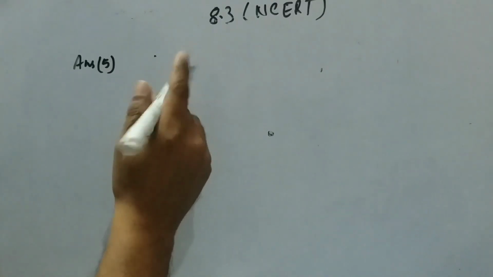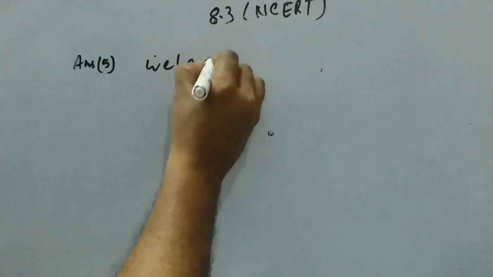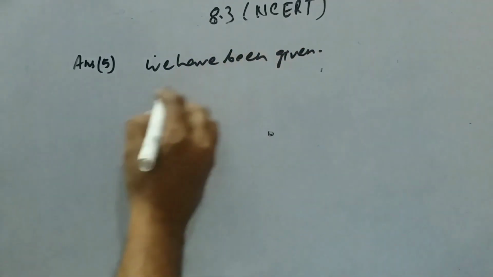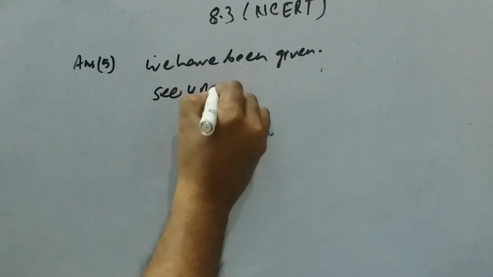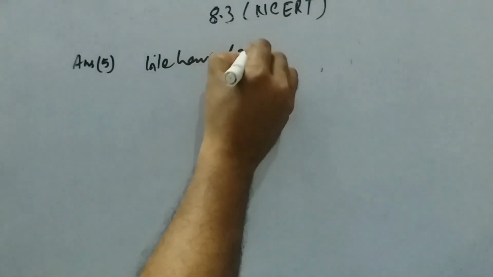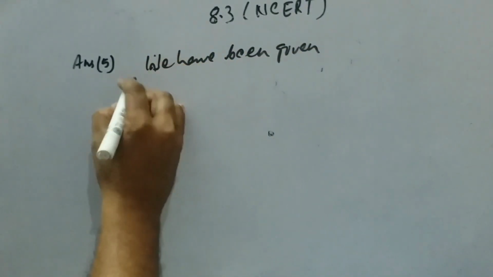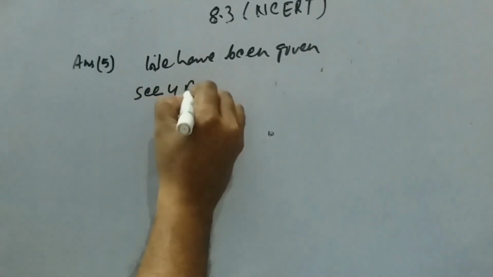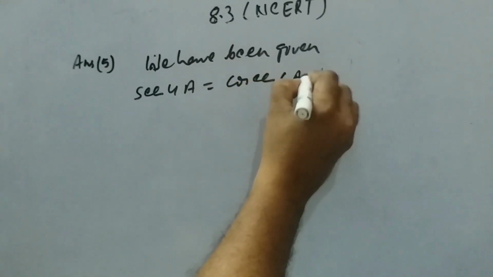In this question we have been given sec 4A is equal to cosec(A minus 20 degree).